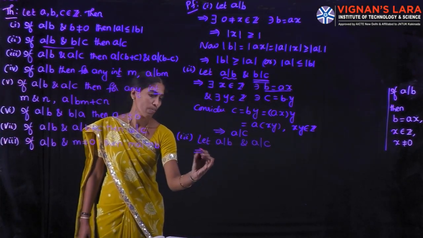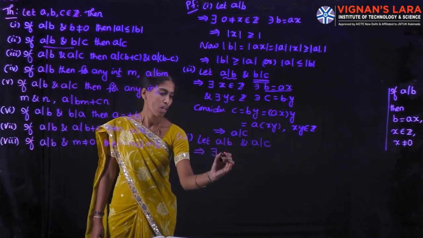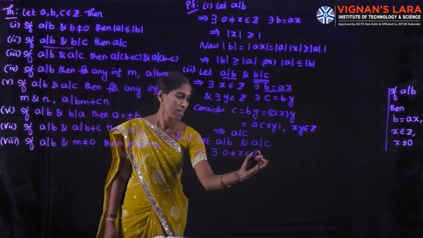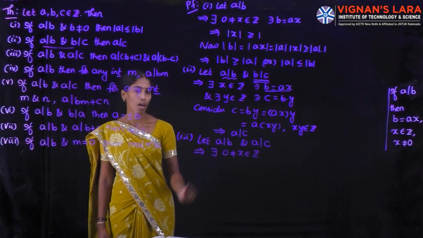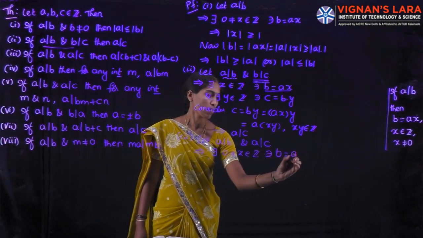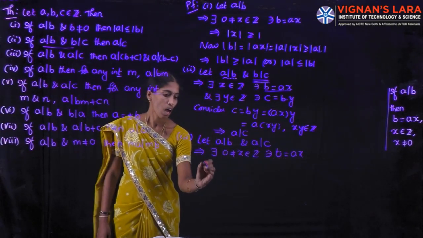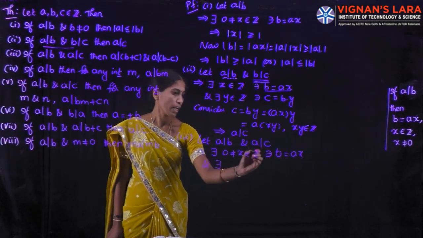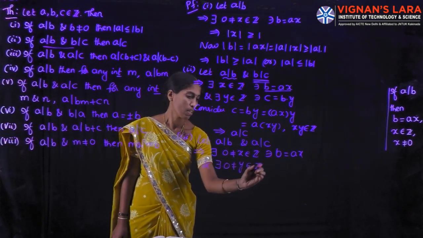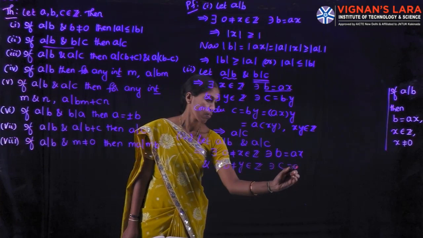So, using the definition, there exists X not equal to 0, non-zero integer, integer means belongs to Z, such that B is equal to AX, and to use this A divides C, there exists non-zero integer Y such that C is equal to AY.